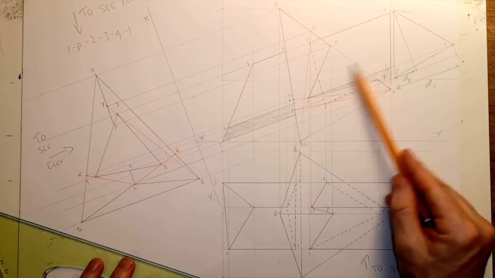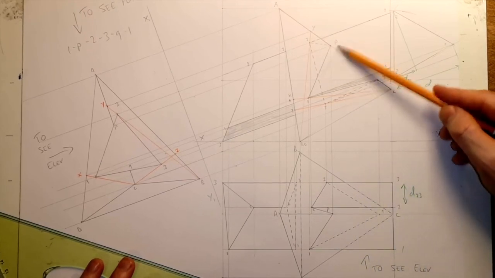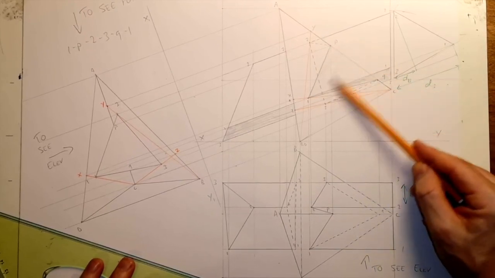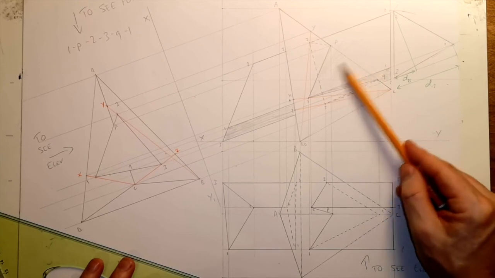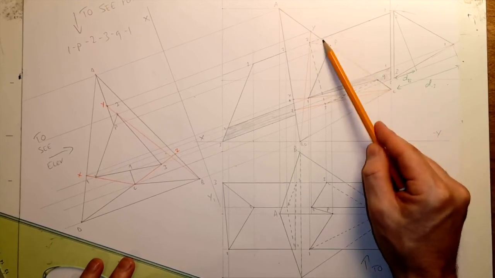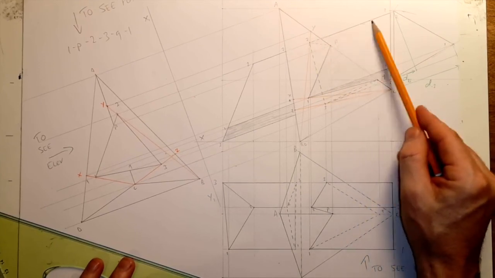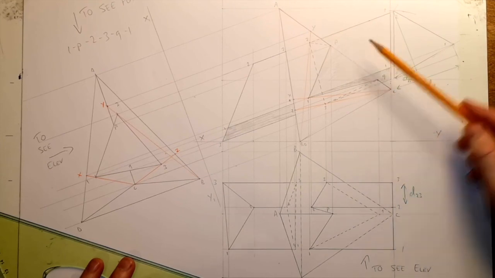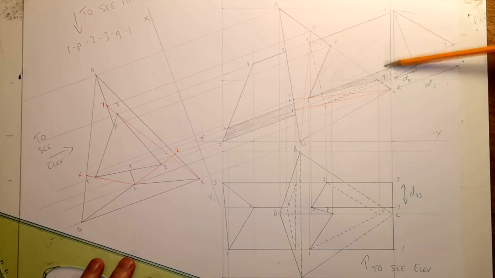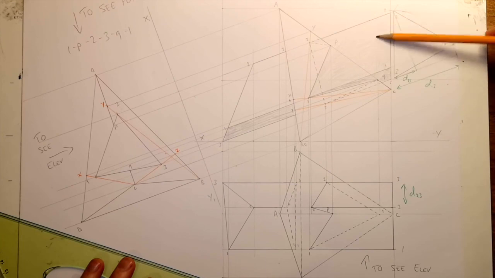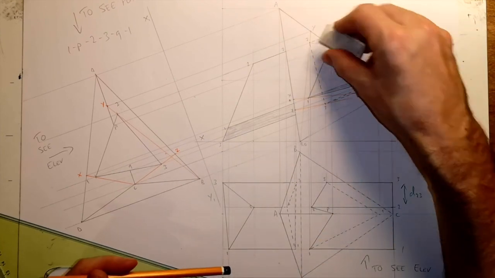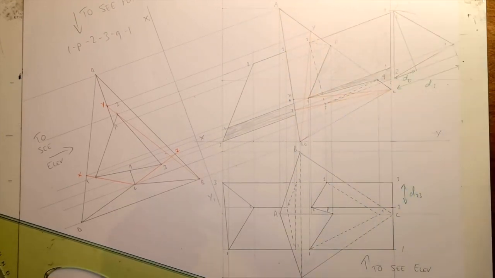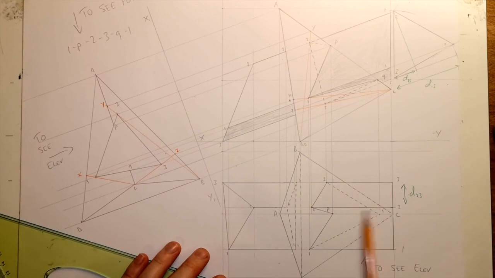All right, and there is our lighter top face. Of course, that one did stop just there. So you can see, and that's our top face here. Goes in, turns there.